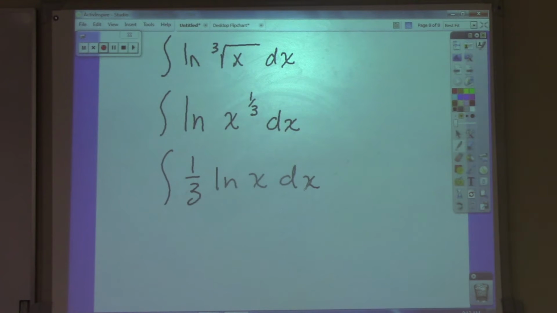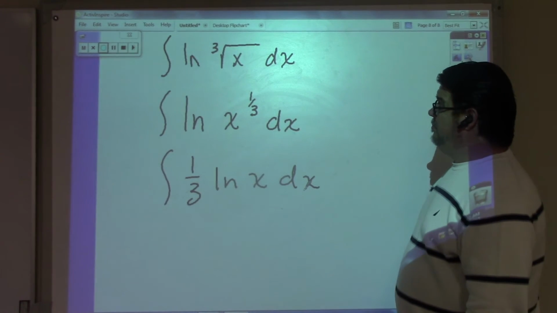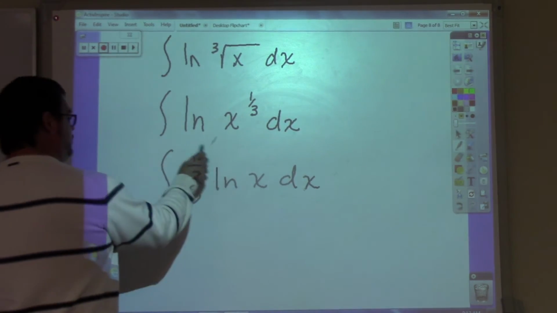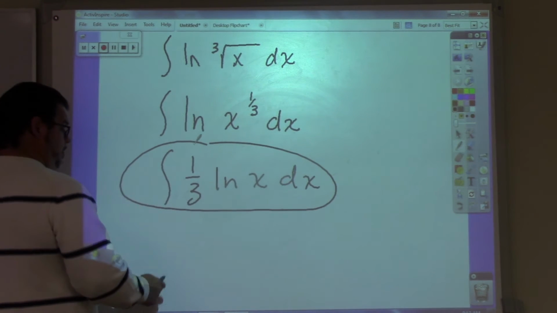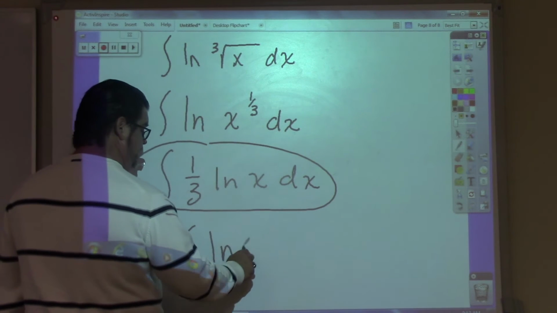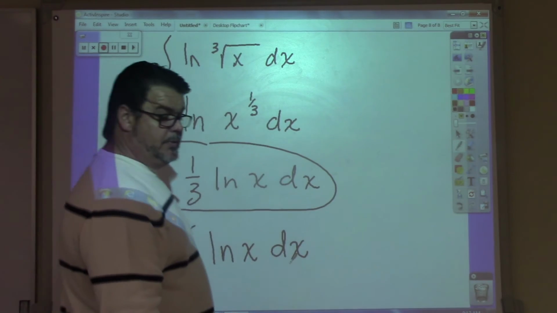Yes or no? So all three of them can be used to get your answer. I think the easiest one is this one. Pull that 1/3 out. Pull the 1/3 out, and then you got natural log of x dx, and I think we did that one before, did we not?